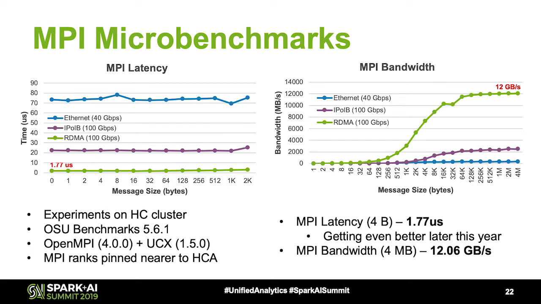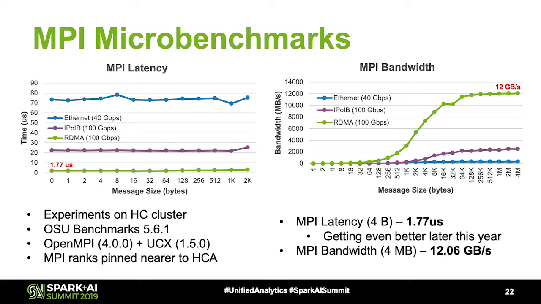So here we compare Ethernet, which is the Azure front-end network, which is 40 Gbps, and then IP over IB and RDMA, both 100 Gbps. So IP over IB, again, goes through the kernel.